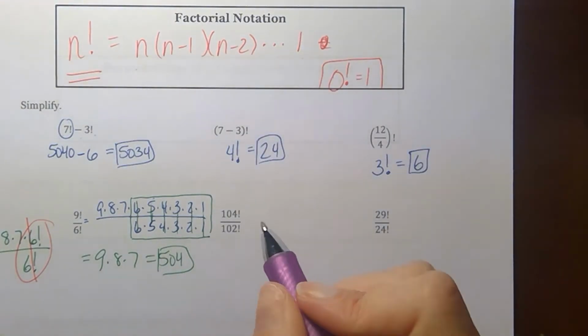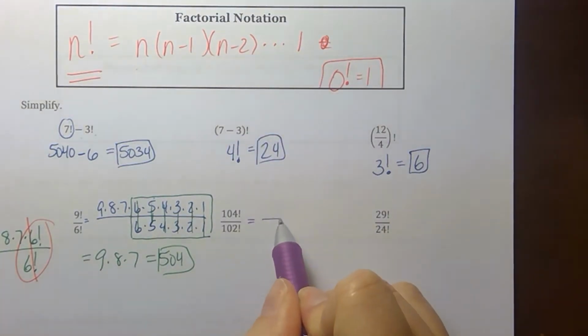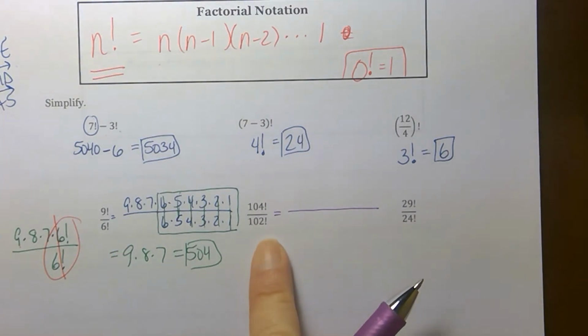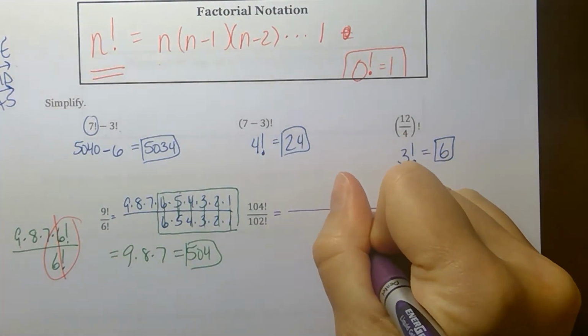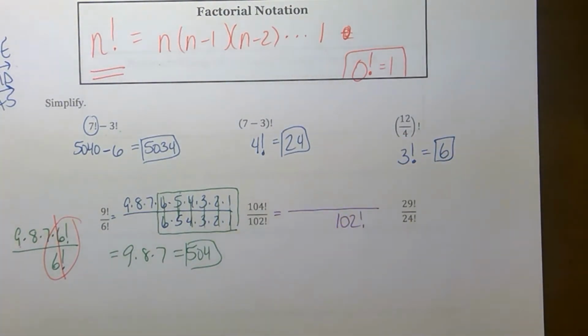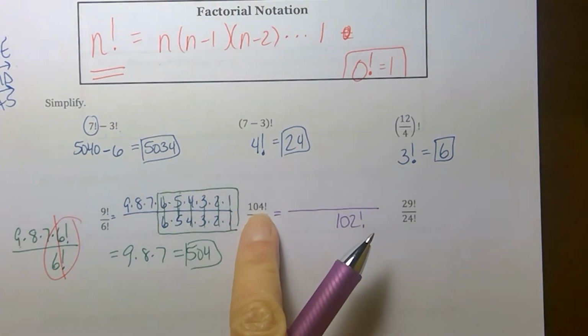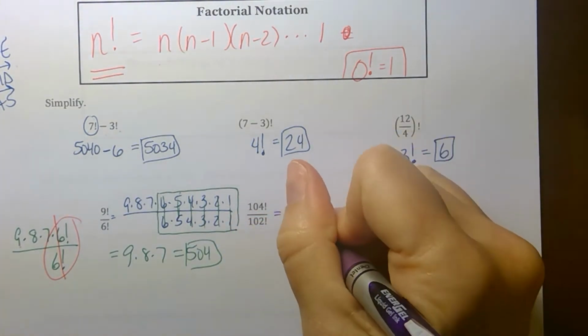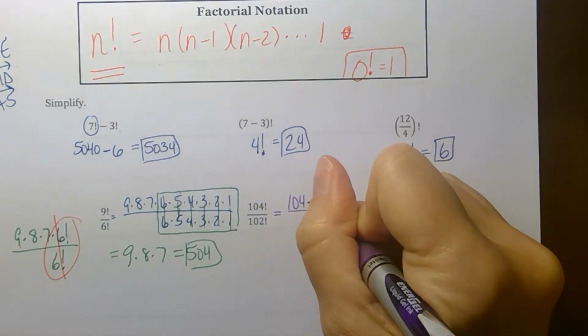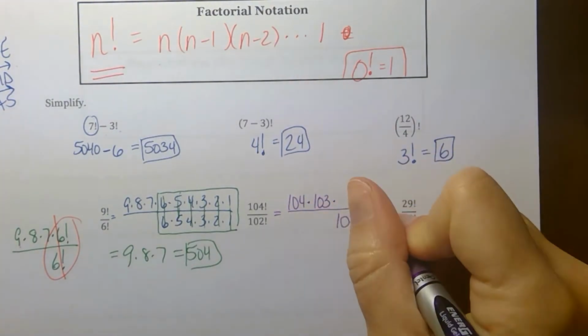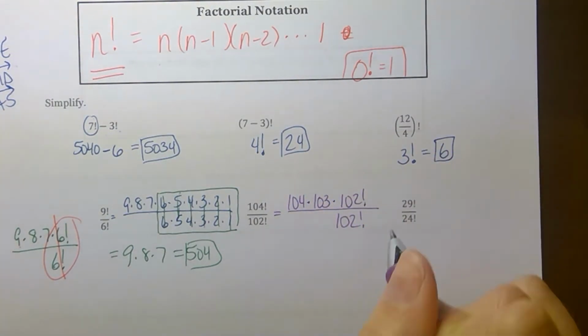I get around it by simplifying. Just like I knew that my denominator here was 6 factorial, that was all going to divide out. Well, here my denominator is 102 factorial. That is all going to divide out because my numerator, the top number, is bigger. My top number starts with 104 times 103 times 102 factorial.